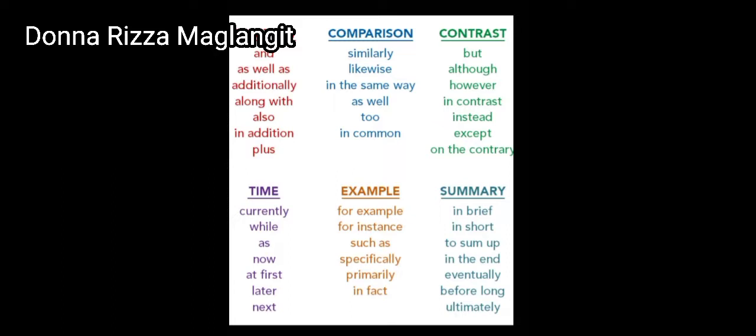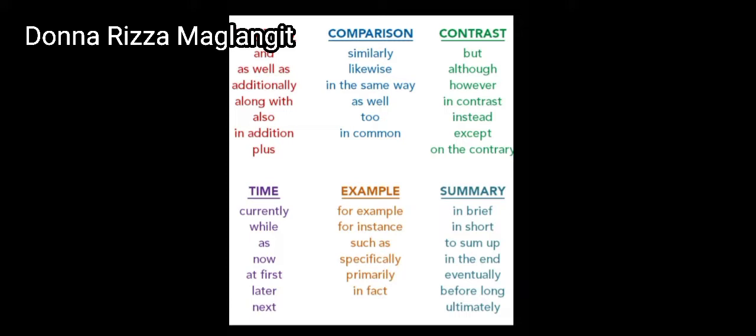Comparison: similarly, likewise, in the same way, as well as, to, in common. Contrast: but, although, however, in contrast, instead, except, on the contrary. Time: currently, while, as, now, at first, later, next.